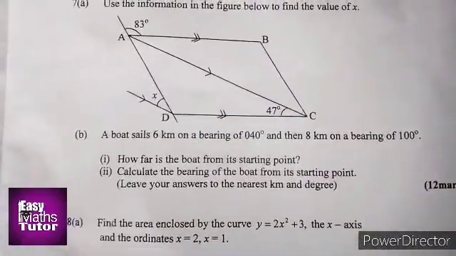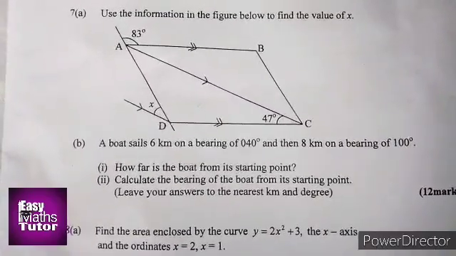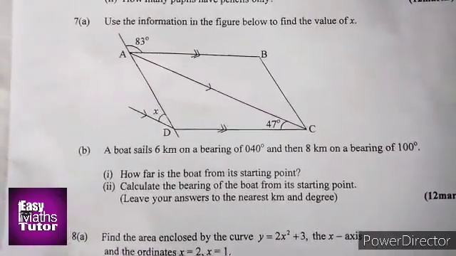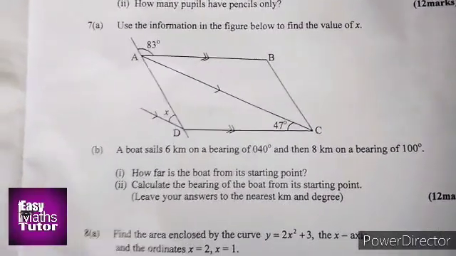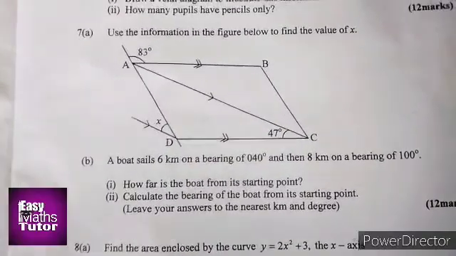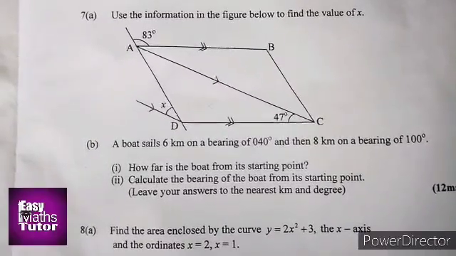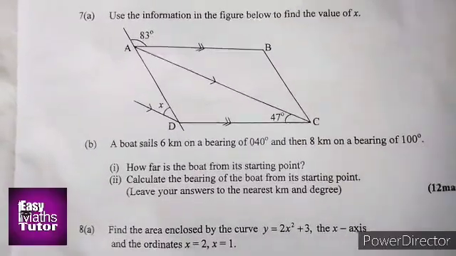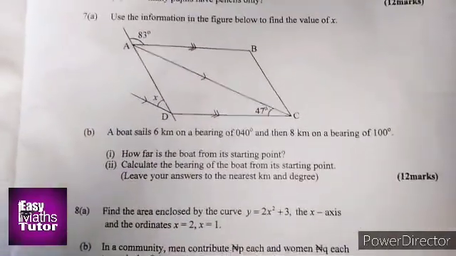A boat sails 6 kilometers on a bearing of 040 degrees and then 8 kilometers on a bearing of 100 degrees. I. How far is the boat from its starting point? II. Calculate the bearing of the boat from its starting point. Give your answers to the nearest kilometer and degree. This question is 12 marks.